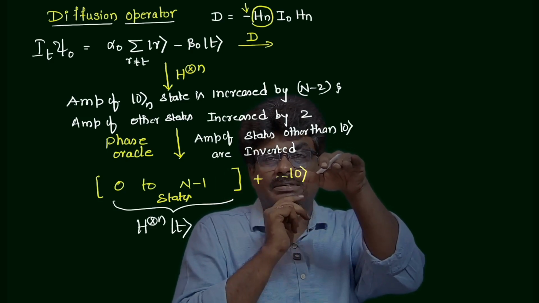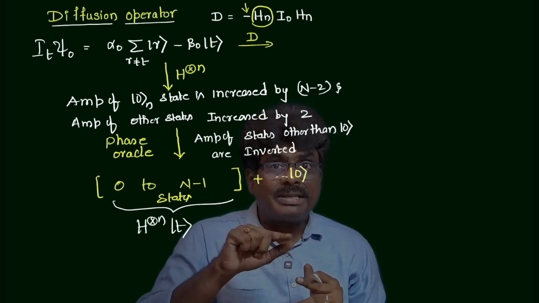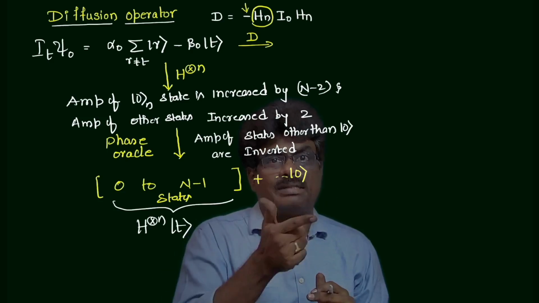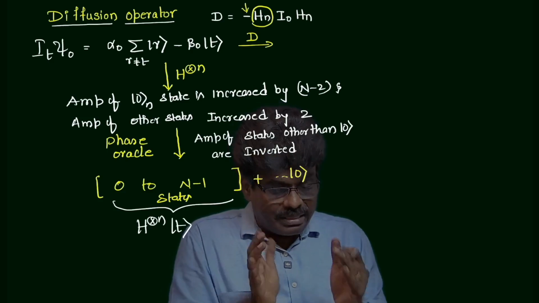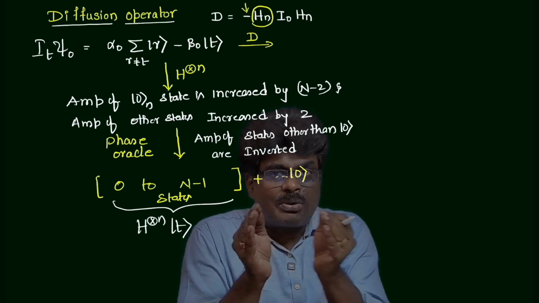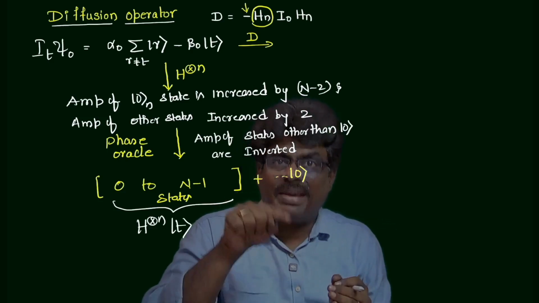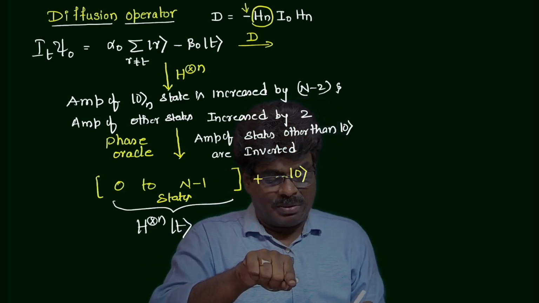After that, you have taken one phase oracle which inverts the amplitudes of the other states, I mean states other than 0, then exactly you will get the situation. So you have a superposition of 0 to N minus 1 states whose phases exactly match this one.